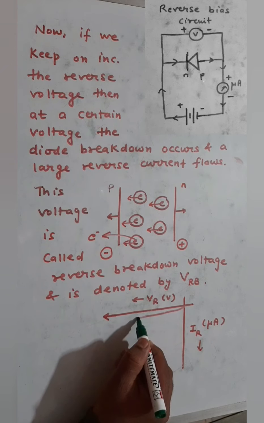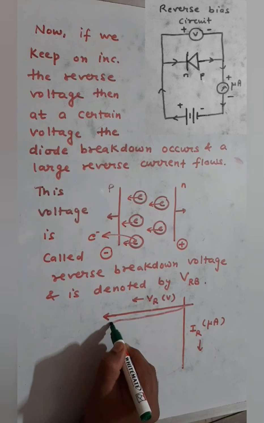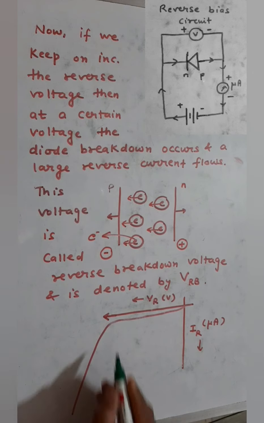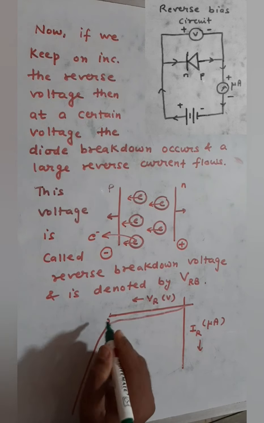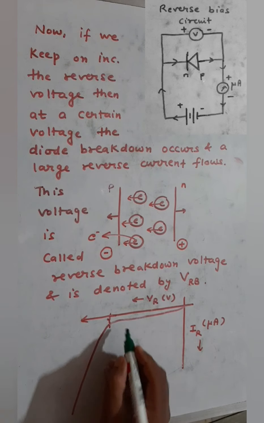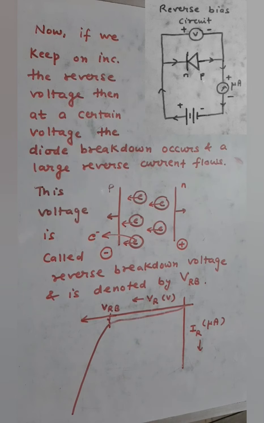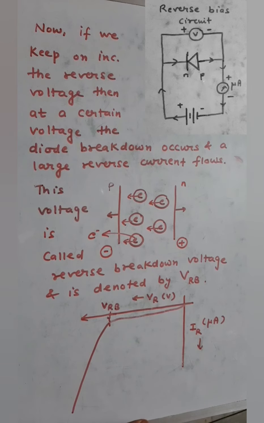You keep on increasing the reverse voltage, no current, no current, and suddenly at a certain value a large current starts flowing through the diode, and diode breakdown occurs at this voltage, denoted by RB. So this is your reverse breakdown of a diode, and that is how your IV graph or plot looks.